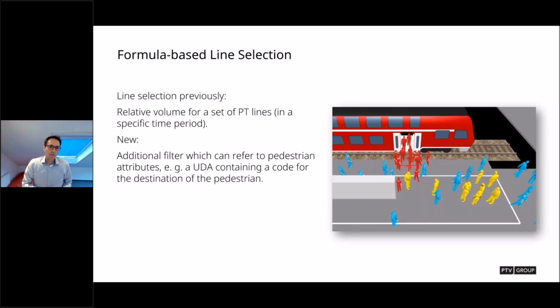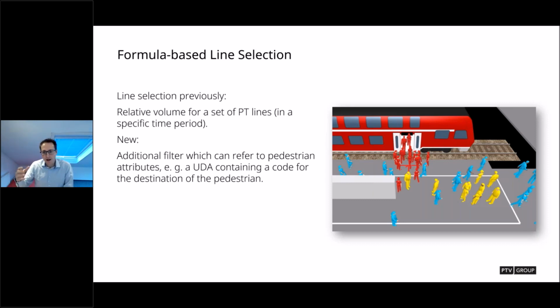And then there's the formula-based line selection. Currently in the platform, there's just the relative flow, the relative volume, which determines which PT line is used. But now you can additionally have a filter and say, okay, a certain person doesn't use that PT line, or only uses that one.